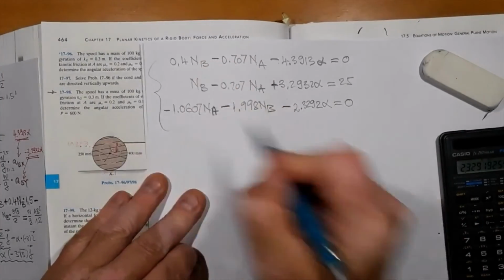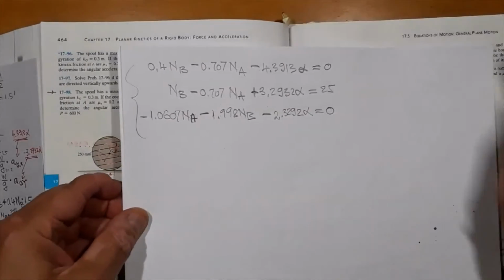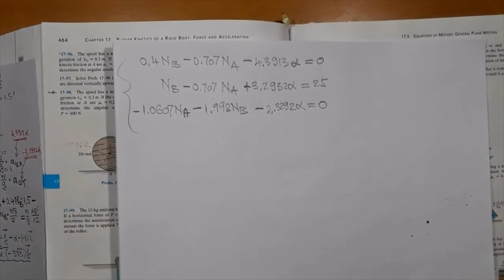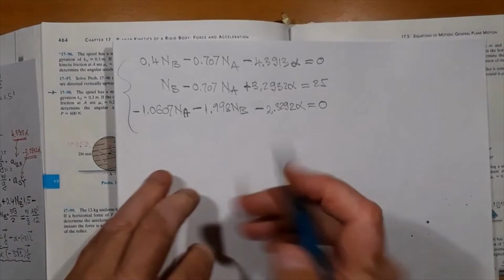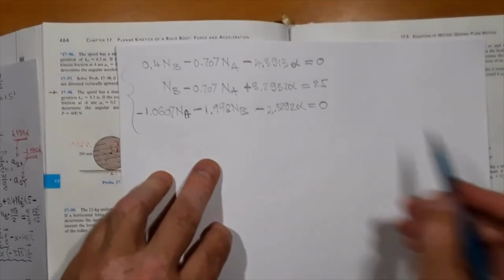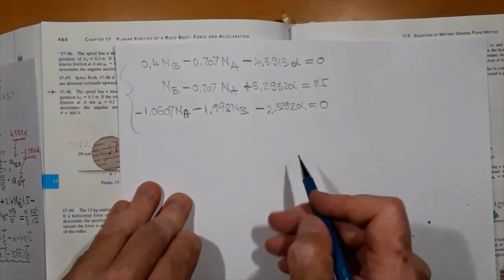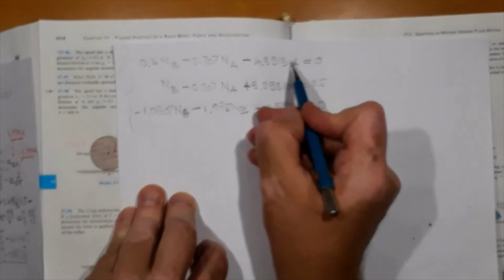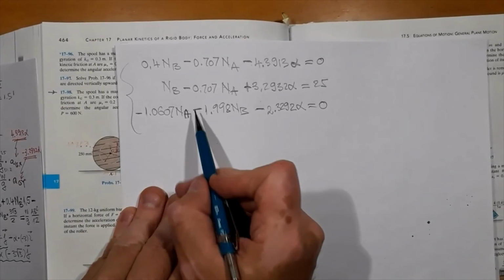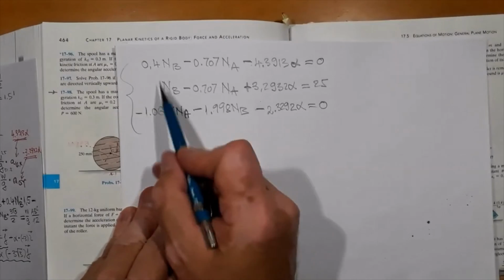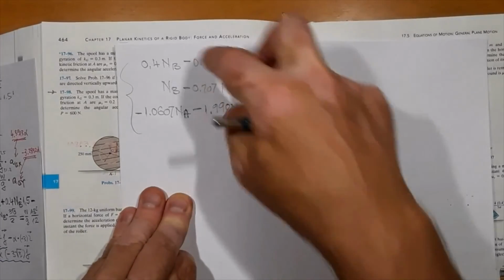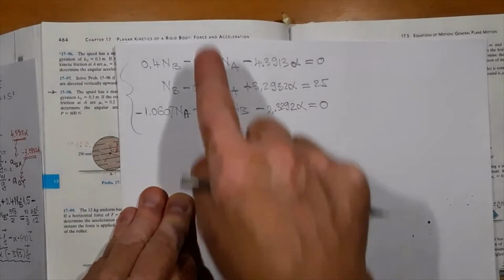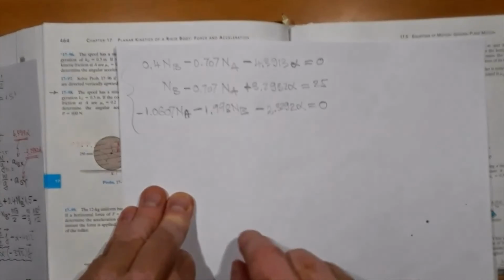Okay, so we have three linear equations with three unknowns, you can solve it by Cramer's rule or substitution. So one way of doing it, of course, we need to keep alpha as an unknown, so we can get rid of NB from the second equation, substitute in the first and the third, and then eliminate NA between the two new equations and find alpha.